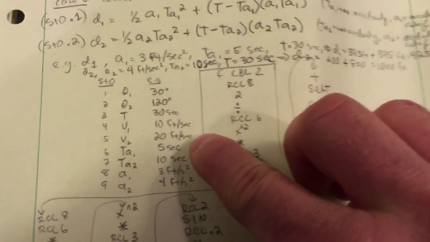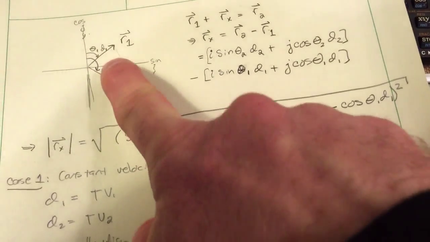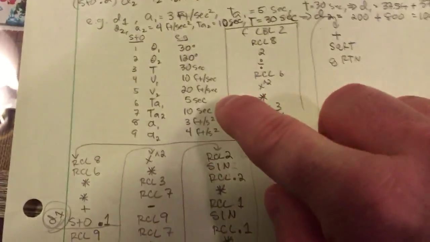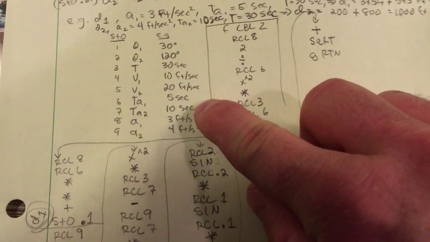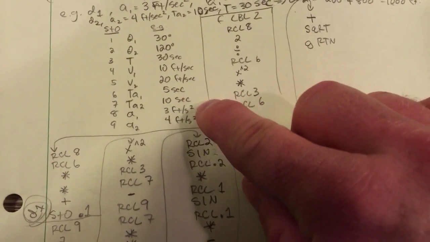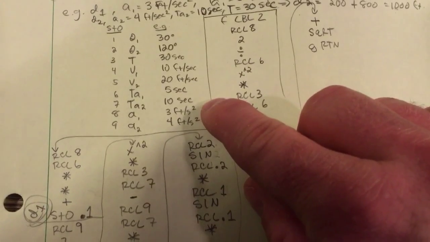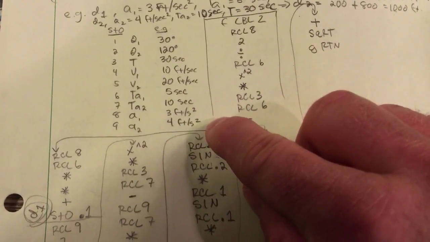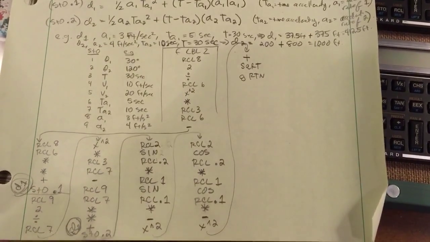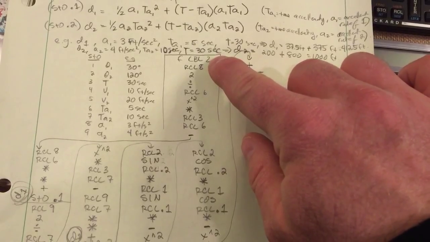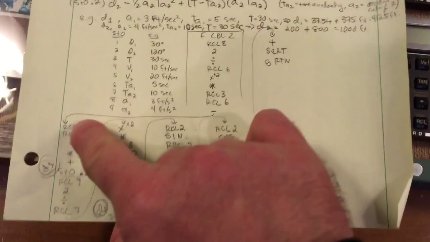TA1 is in register 6, the time that it accelerated the first object. 7 is the time of acceleration for the second one. The acceleration rate for the first object is in 8, and 9 is the acceleration rate for the second object. And the program is there. It starts here, label 2 I'm calling it. You go down here and then over here, and then you finish up there.